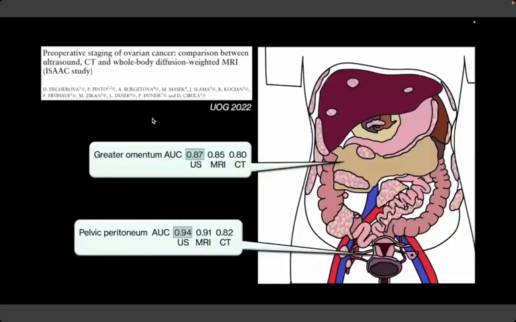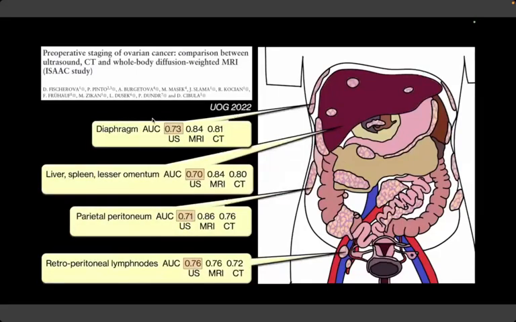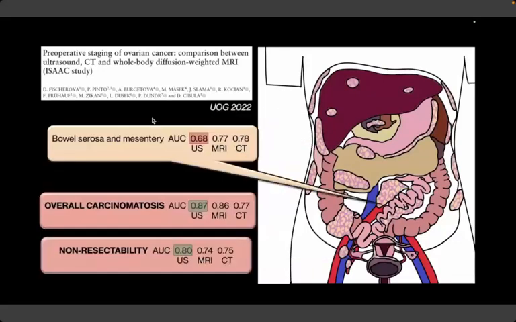Considering the different sites of disease, ultrasound shows the best AUC on the omentum and pelvic peritoneum assessment. A slightly lower performance for parietal peritoneum, diaphragm, lesser omentum, spleen, liver, and lymph nodes, and the worst performance in the assessment of mesentery and bowel serosa.